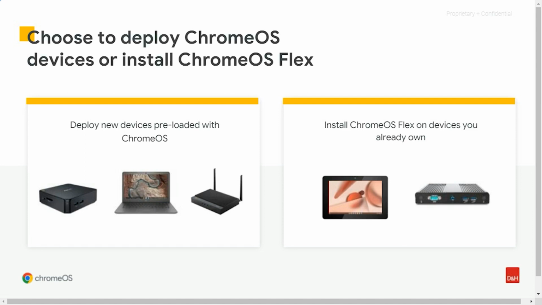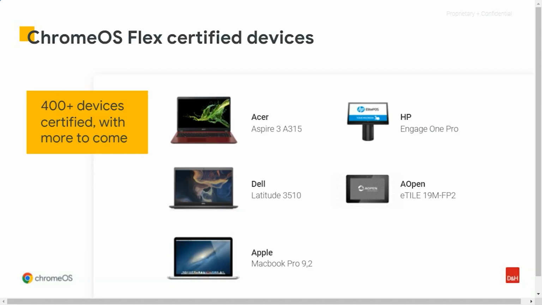As a customer, you want to extend the life of your devices. I myself have older machines. I have a Lenovo machine here, an X1 that I installed Flex on, works extremely well. But of course, we do have brand new devices that have Chrome OS. If they can spend on that, that should be your first choice, obviously.